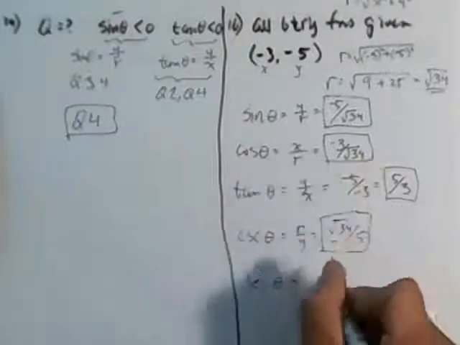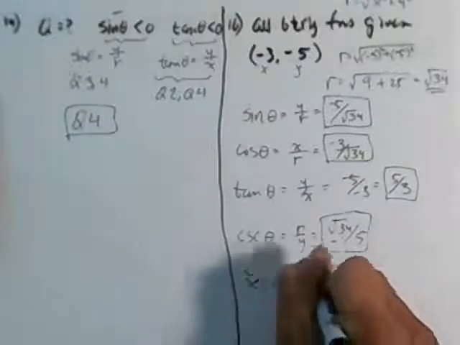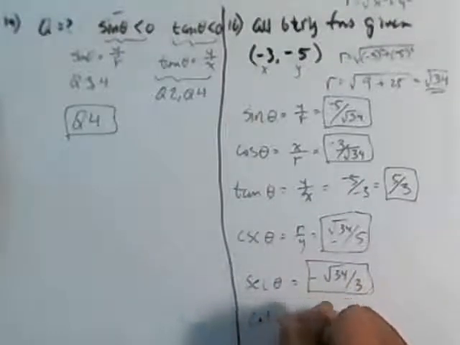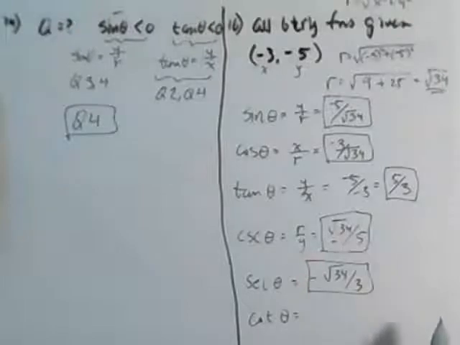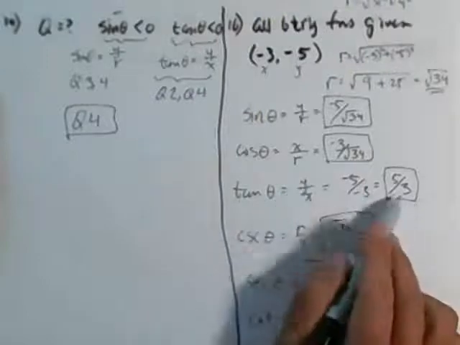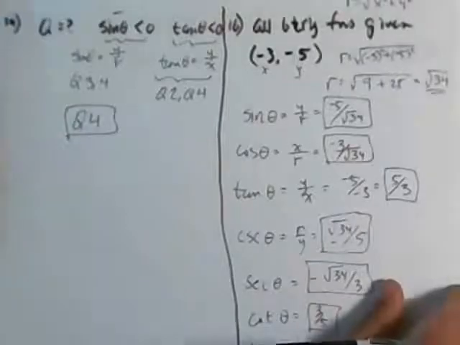We just flip this: negative root 34 over 3. And the cotangent of that angle is the reciprocal of the tangent, which was y over x. It's x over y. Flip this around, 3 over 5. Okay.